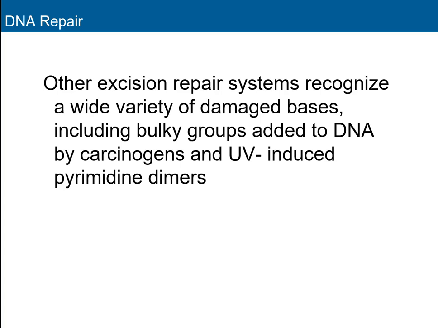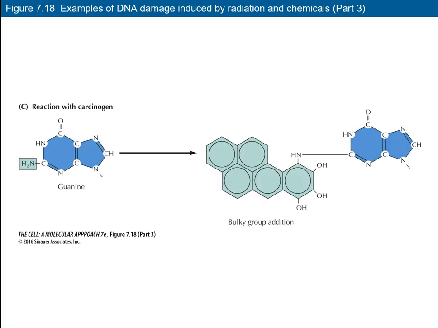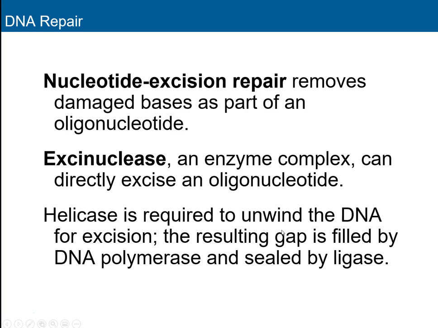So if you can't directly reverse a pyrimidine dimer, you have to use this type of excision repair to get rid of it, okay? So here's another example of another type of DNA damage that can happen by radiation and chemicals, okay? Here's showing you guanine, and if you come in contact with a carcinogen, it can cause this bulky group to be added in, okay?